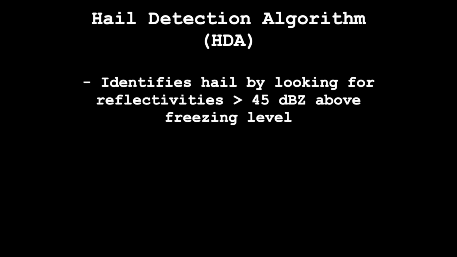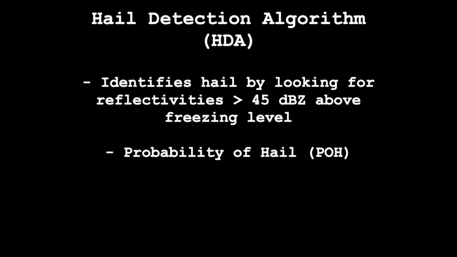Finally, radars can analyze storms for hail using the Hail Detection Algorithm, or HDA. The HDA calculates a number of probabilities and quantities by searching for reflectivities greater than 45 dBz above the freezing level, which is the level of the atmosphere where the temperature is 0 degrees Celsius. The higher these 45 plus dBz values exist above the freezing level, the greater the probability of hail, or POH.